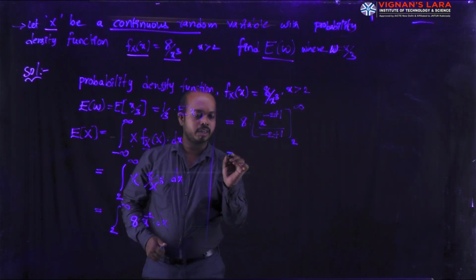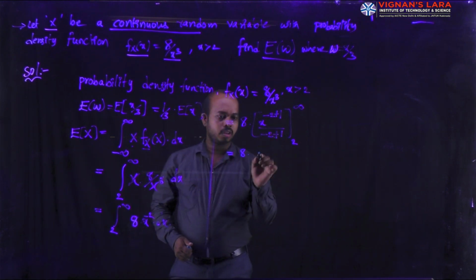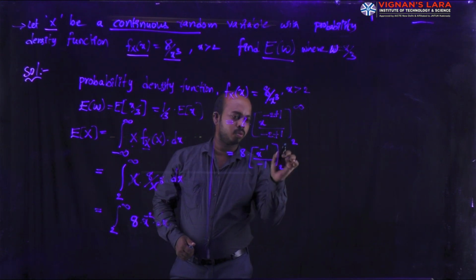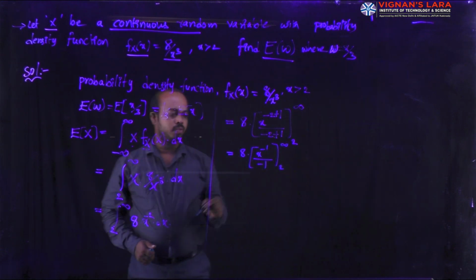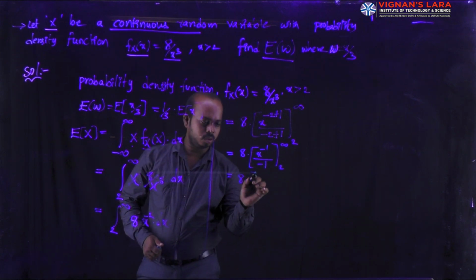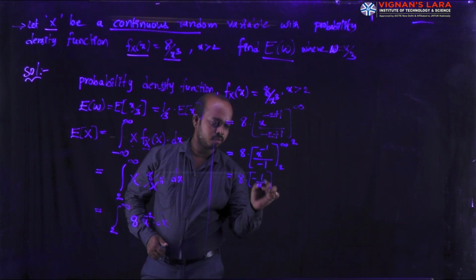Now you can write 8 into x power minus 1 divided by minus 1, from 2 to infinity. Now I can write the above equation as 8 into minus 1 by x, from 2 to infinity.